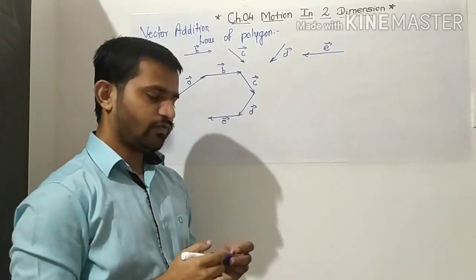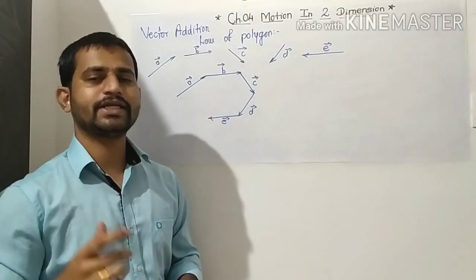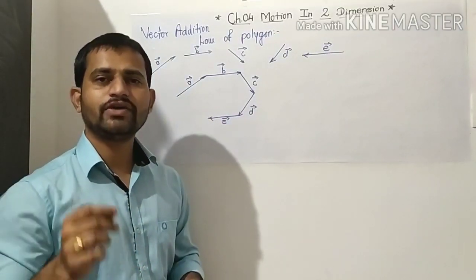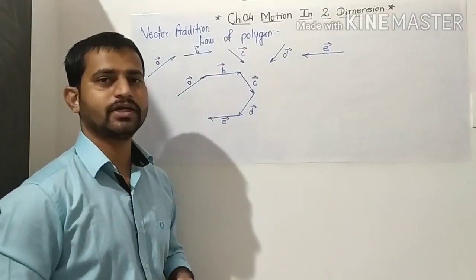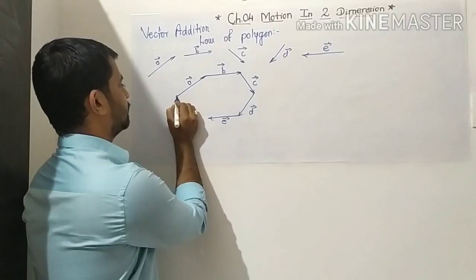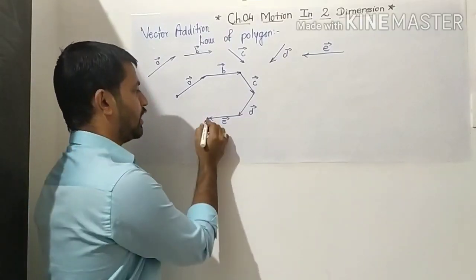Now, to find the resultant of all these vectors, what do we have to do? We have to connect the initial position of the first vector with the final position of the last vector. So where is the initial position of the first vector? At this point. And where is the final position of the last vector? At this arrow end.